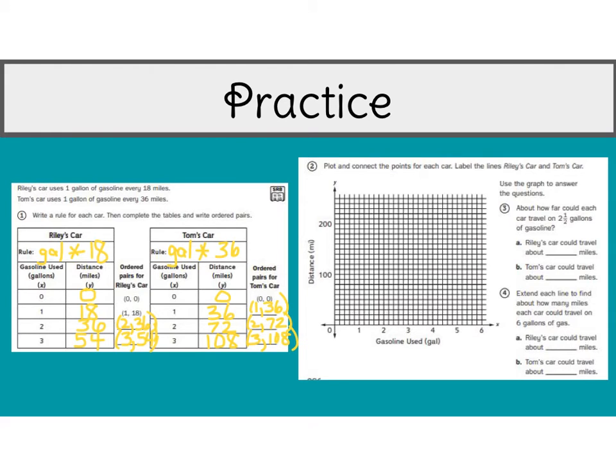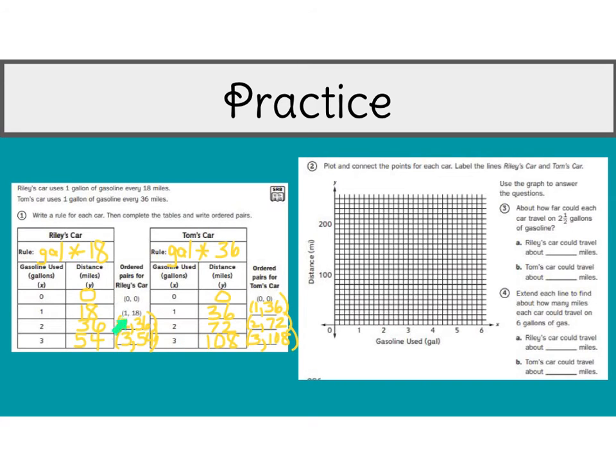So I then applied that rule to get each of my numbers here in the table. So 2 times 18 is 36, for example, and 3 times 18 is 54. And then over here on Tom's side, 1 times 36 is 36, 2 times 36 is 72, 3 times 36 is 108.